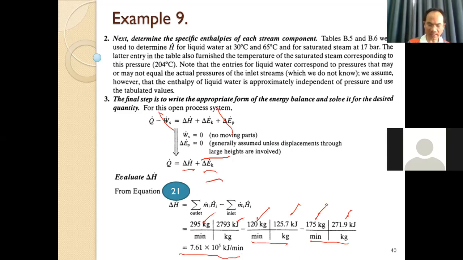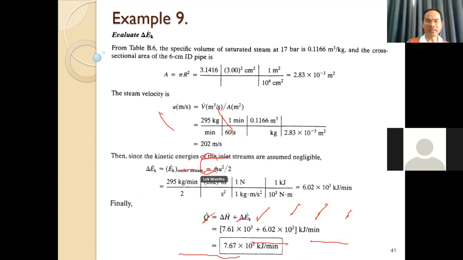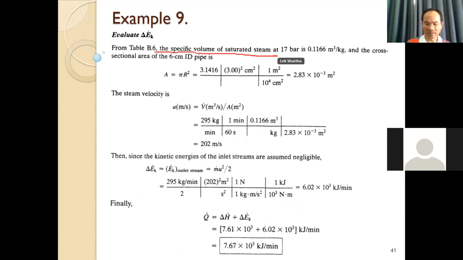And then you estimate delta EK, the kinetic energy. From the steam table, you determine the specific volume of the vapor to get this value. Then you divide by the area, pi r squared. The diameter of the pipe is 6 and the radius is half of 6, which is 3.